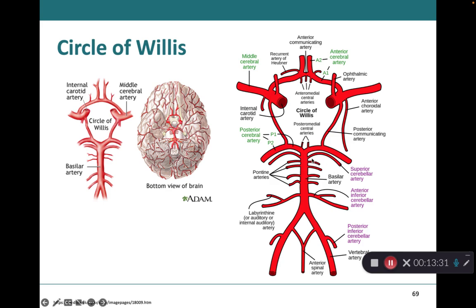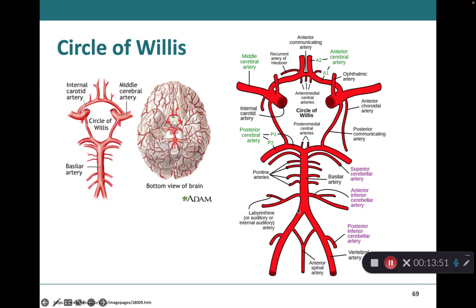Then we have, coming off of here, a few things. Superior cerebellar artery, the pontine arteries, all here. And then we have the anterior inferior cerebellar arteries, and coming off of that, we have our labyrinthine arteries.